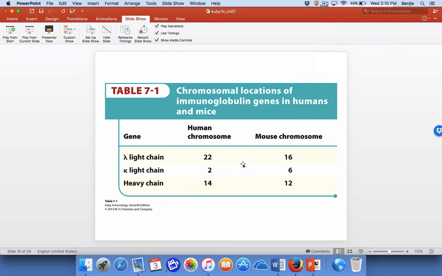The heavy chain genes are found on chromosome 14 versus chromosome 12. So there are differences in mice and humans, which means that some initial immunological studies can be done using mice, but you still have to do quite a bit of human trials anytime you're trying to develop a new vaccine or anything else, because there are differences in the way these genes react.